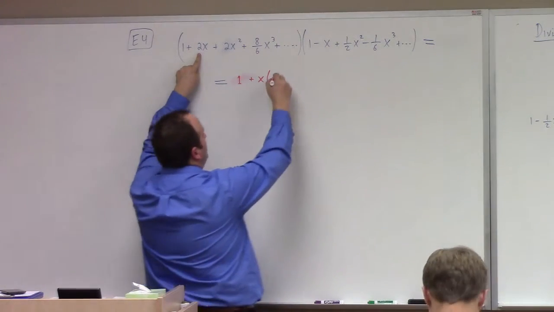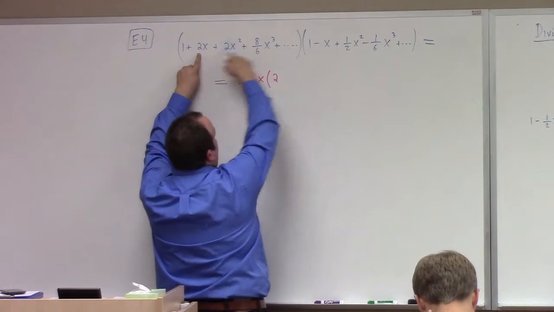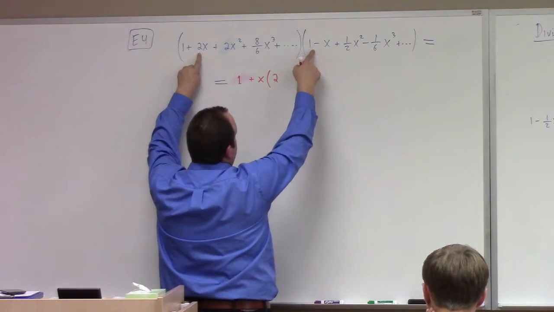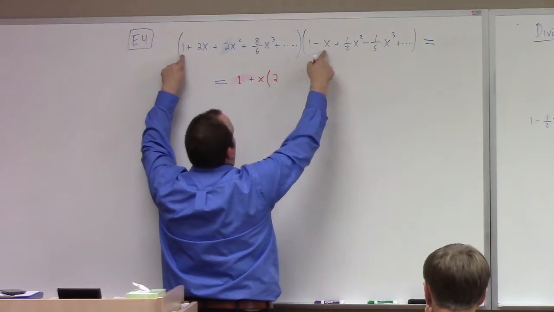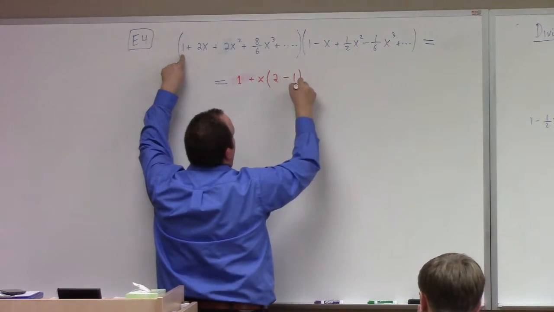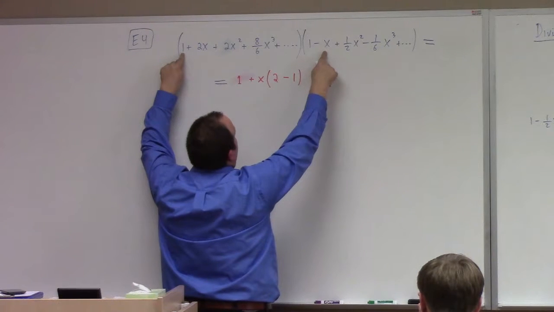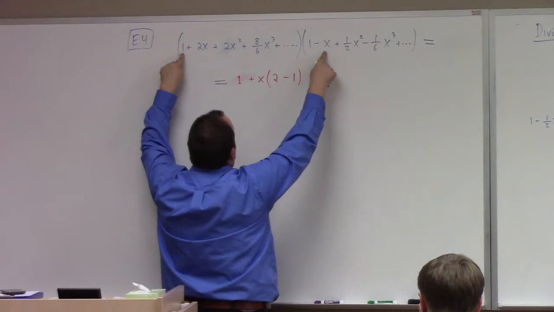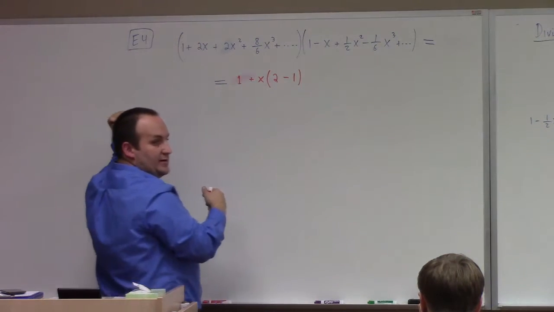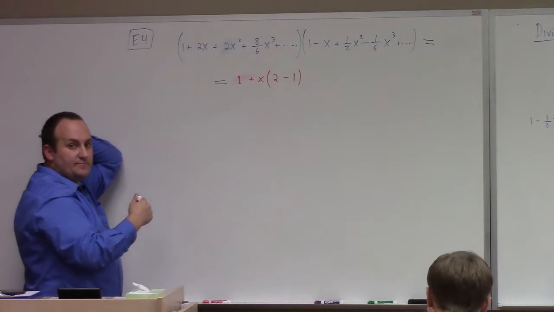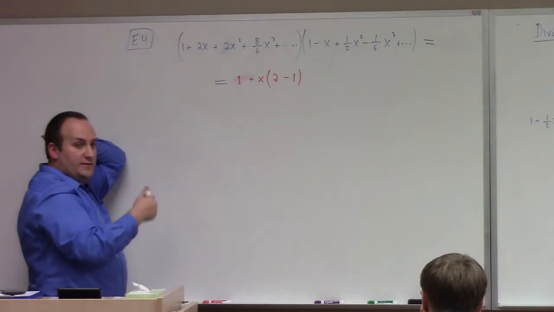We have 2 times 1, right? But we also have minus 1. Any other ways besides this times this or this times that? No, everything else has an x squared or higher, or it's the constant term we already got. Then you move on.